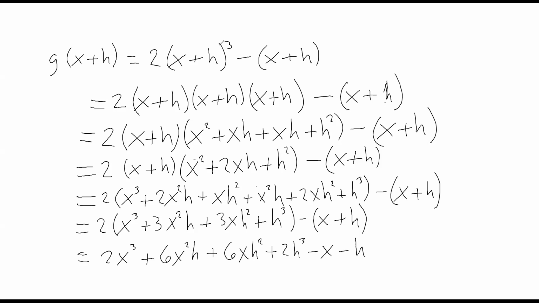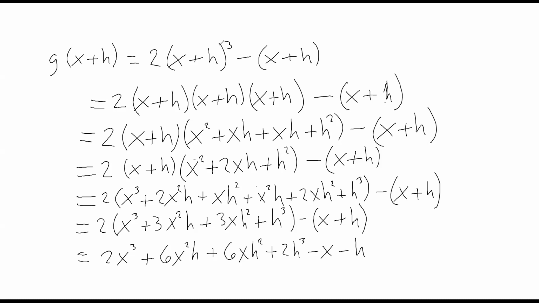We don't have any like terms here. The first 4 terms are all, in a certain sense, cubic terms if we think of h as a variable, which we really probably shouldn't. And then the last 2 terms are linear, first degree terms.